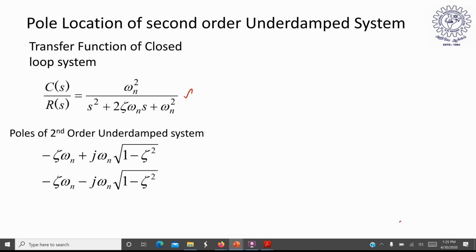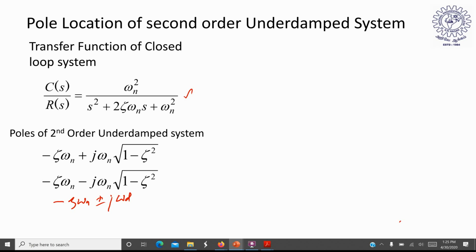The poles of second order underdamped system are minus zeta omega n plus or minus j omega n root of 1 minus zeta square, or in other words, minus zeta omega n plus or minus j omega d.